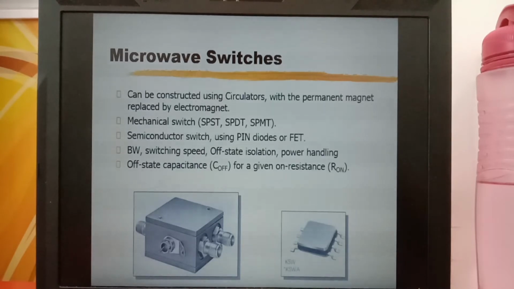When the switch is off, the output is cut off from the input. However, with this open circuit, the switch presents some capacitance to the transmission line. So one parameter to consider is the off-state capacitance, which will affect the bandwidth.